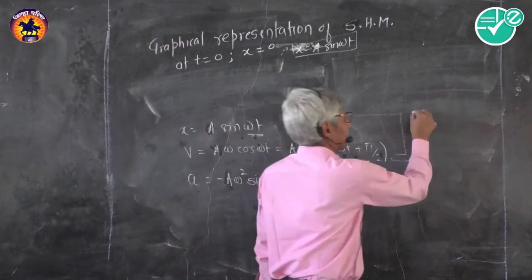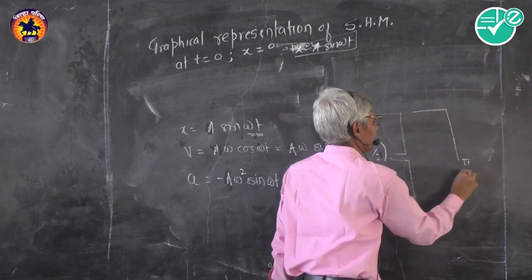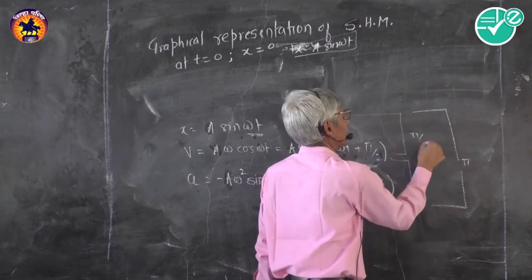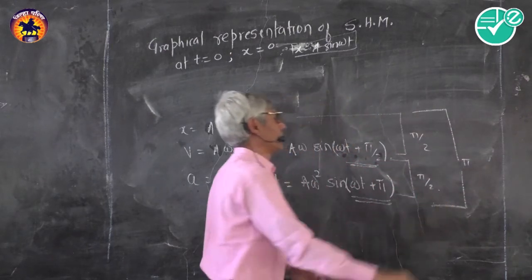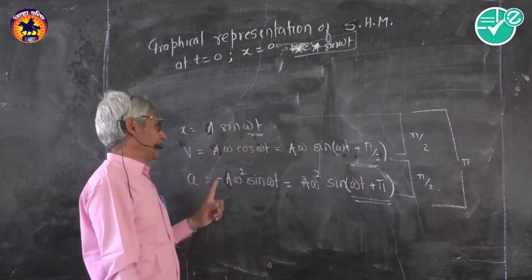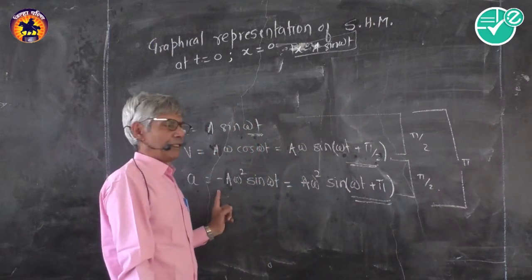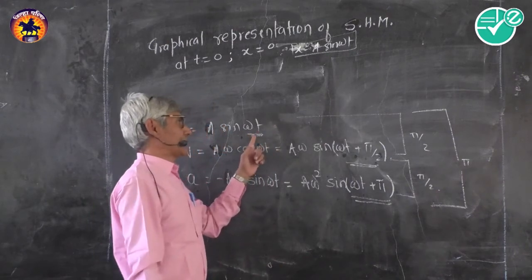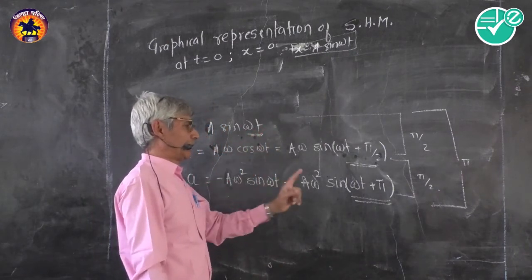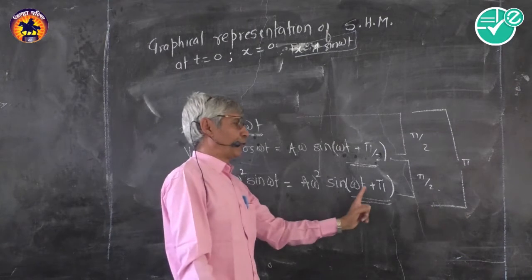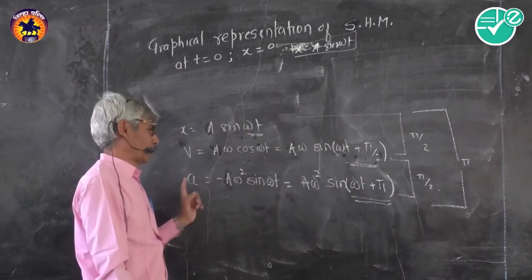If we consider the linear displacement and linear acceleration, then the phase is omega t at instant t for the displacement and omega t plus pi at instant t for the acceleration.